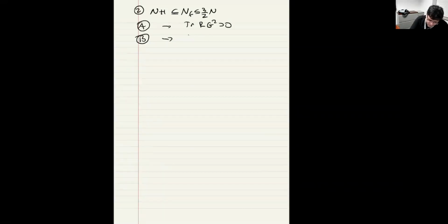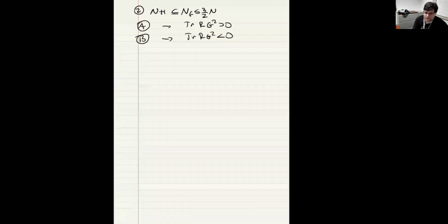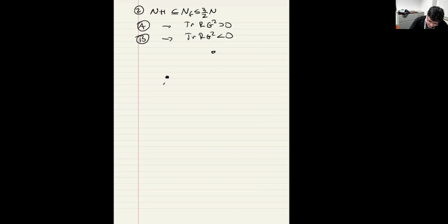However, here the trace R G squared will be negative. So the gauging in this theory will be IR free. So this theory will flow to a free theory in the infrared. And the statement here is not the statement of the duality that we have discussed, but rather that you start with theory A and deform it by this gauging.